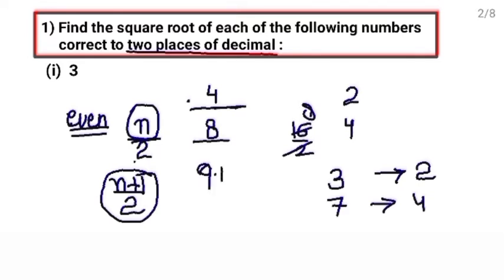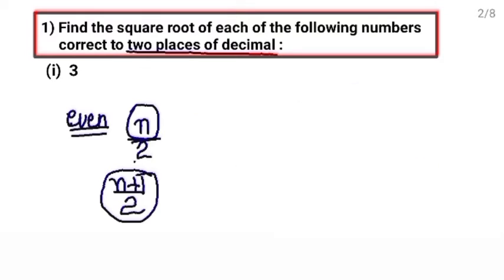In the square root there will be (9 plus 1) upon 2, that means 10 upon 2, it means 5 digits. So for an even number of digits, the square root will have n upon 2, and for an odd number of digits, the square root will have (n plus 1) upon 2. This will help you to solve the further questions.